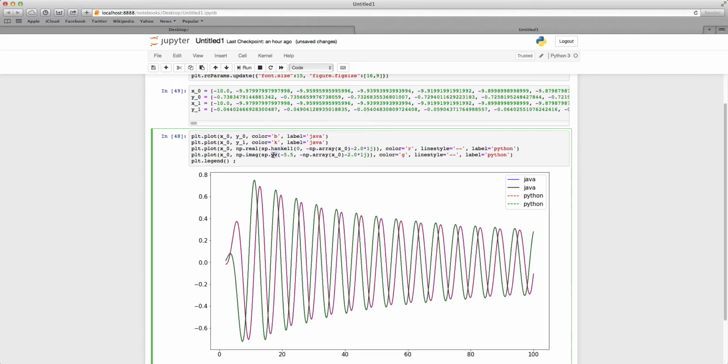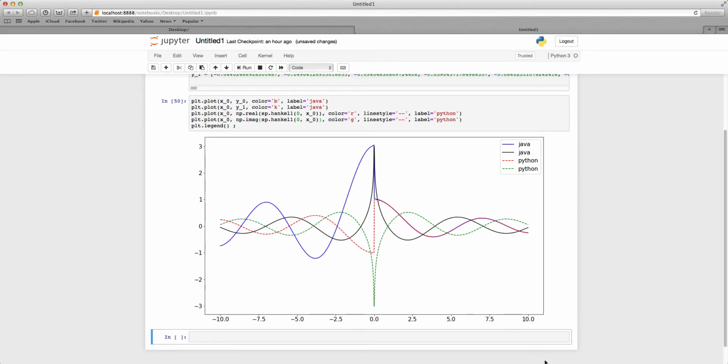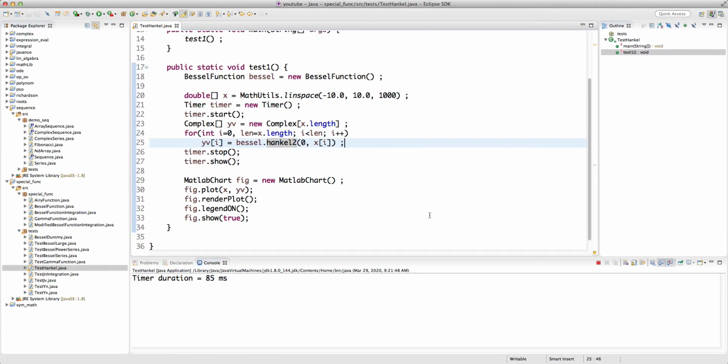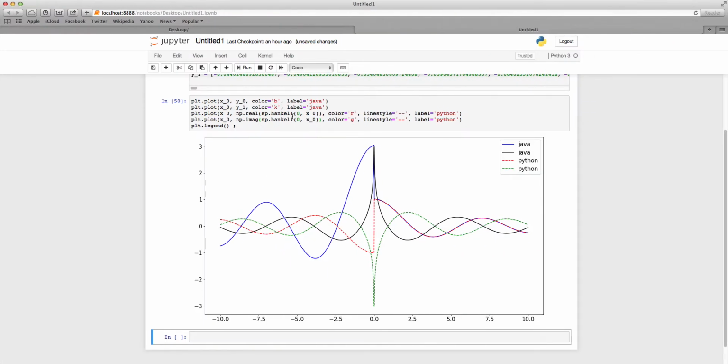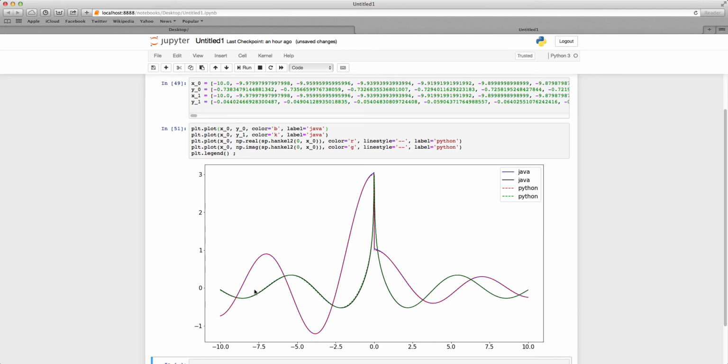And again, the imaginary part of Hankel 1 with index 0. And I'm passing it x0, so there's no need for all of these. x0. All right. Okay, we calculate Hankel 2, not Hankel 1. So Hankel 2. All right, as you can see, we see exactly this discontinuity. And then also the imaginary parts, they match very well with each other, okay?